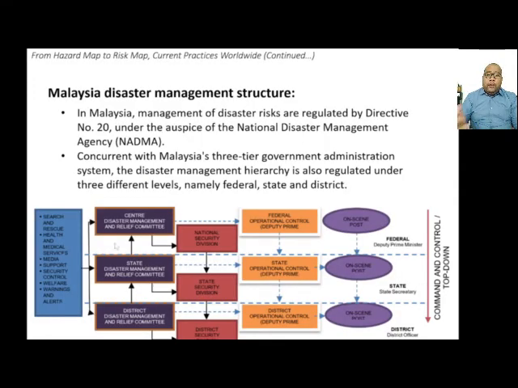So for Malaysia, if we look at Malaysia, okay, we have the government agency, which is the National Disaster Management Agency, or we call it NADMA. NADMA ni nowadays agak popular lah.